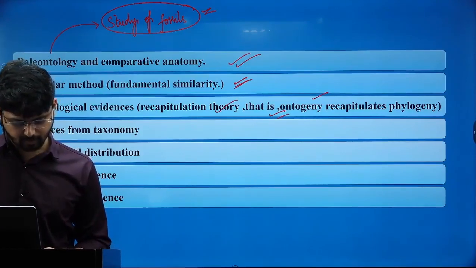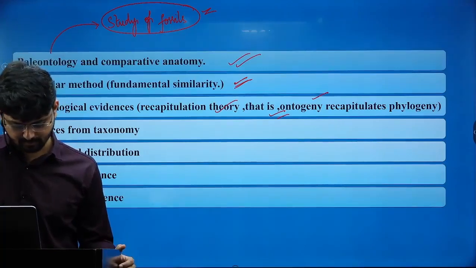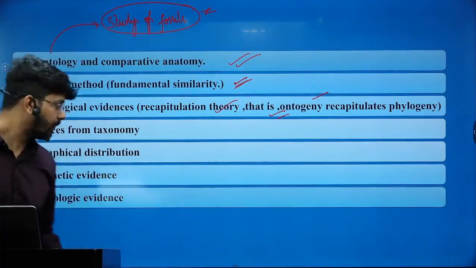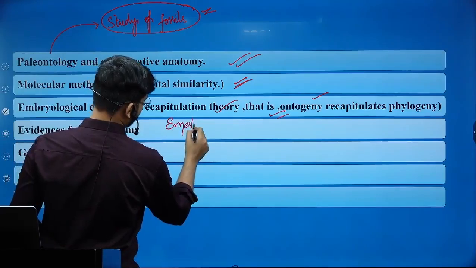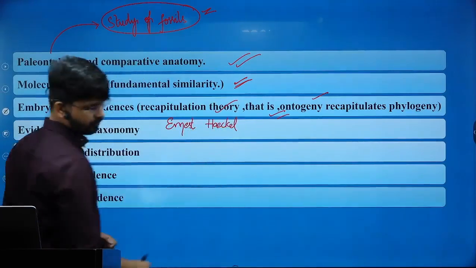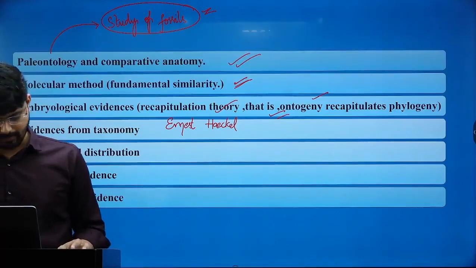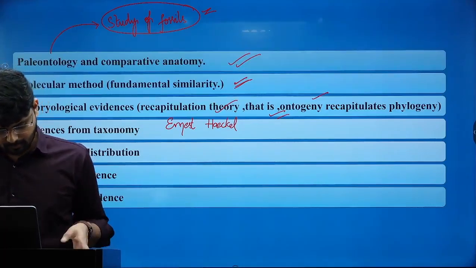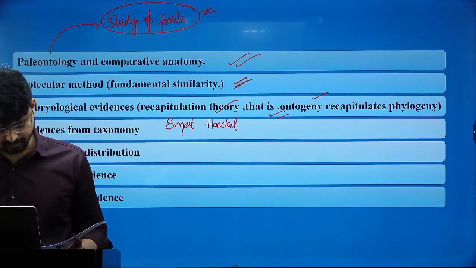Ernest Haeckel formulated the biogenetic law, known as the theory of recapitulation.